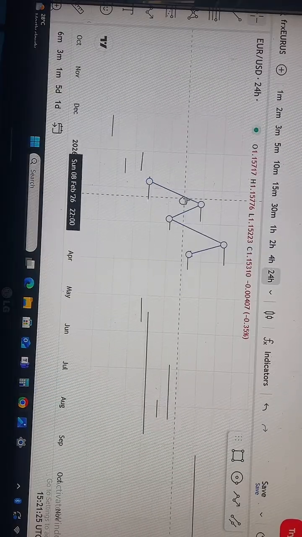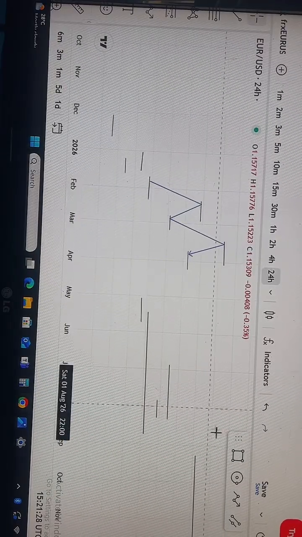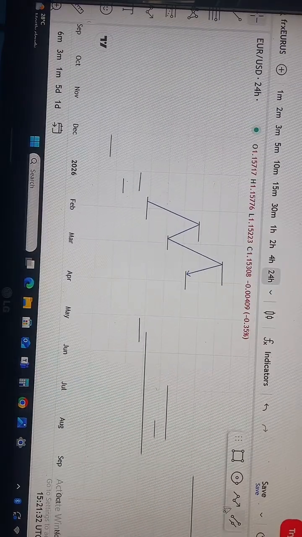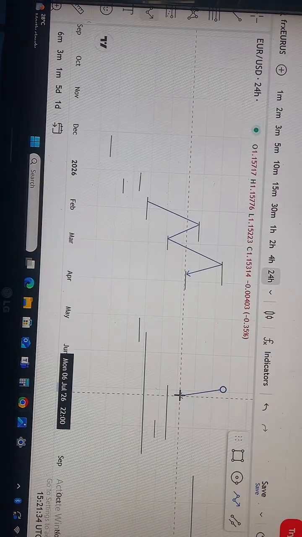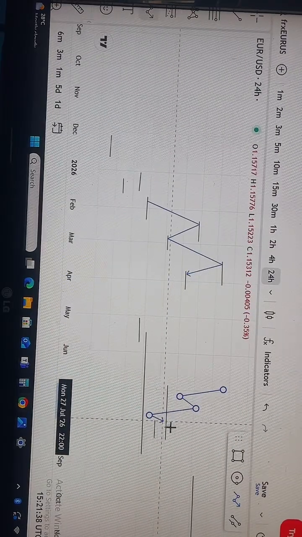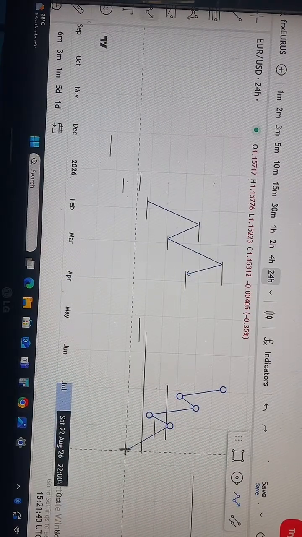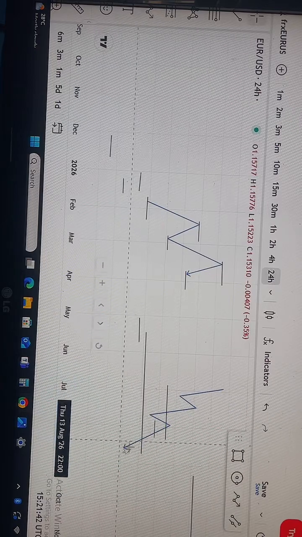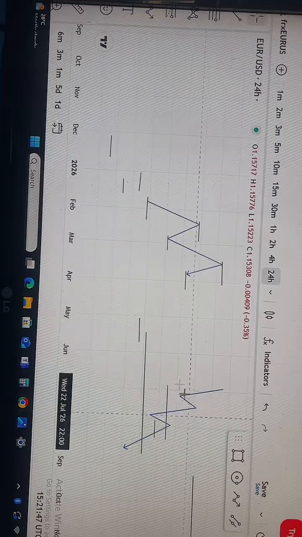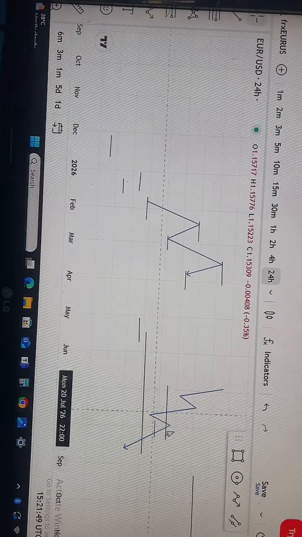You have to look out for your higher highs, higher lows, or you look out for your lower highs, lower lows. Now, this is a bearish phase of the market.